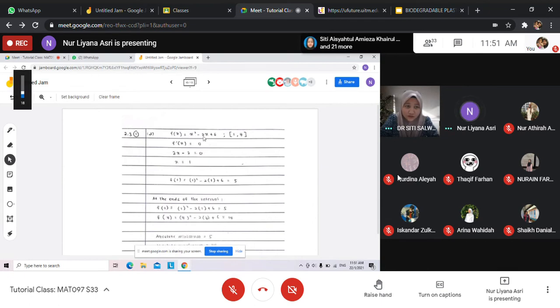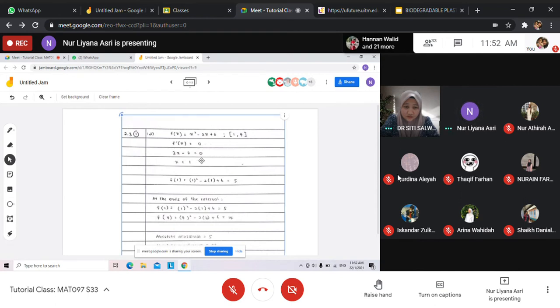Boleh dengar ke, doktor? Doktor? Ya. Okey dah? Okay. Better. Tak dengar lah.